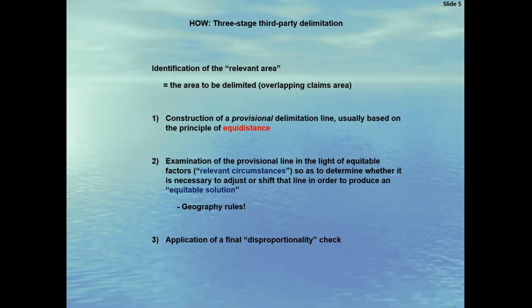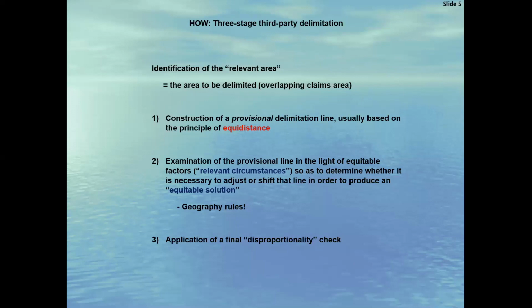Now, the court can be expected to start by determining what is called the relevant area. And it does so by identifying the geographical context of the delimitation. And that includes relevant coasts formed by projecting coastal frontages that overlap, as well as protrusions and offshore features such as islands.